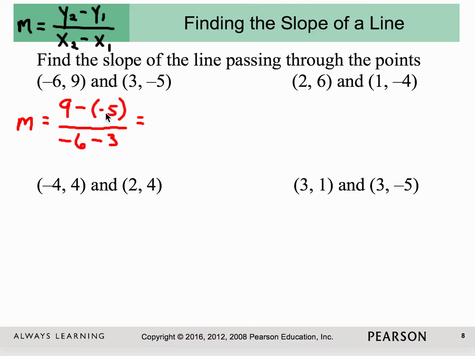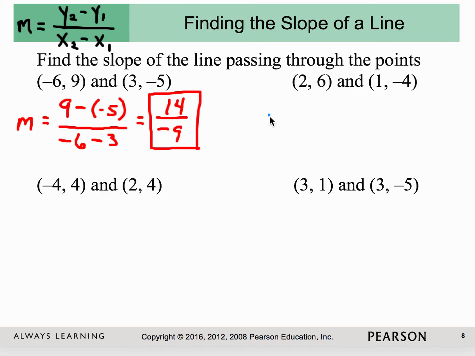Okay, so minus, this is really plus, right? 9 plus 5 is 14. Signs are the same, so we're going to add these numbers. -6 minus 3 is -9. It will not reduce. There's the slope of the line that goes between those 2 points.